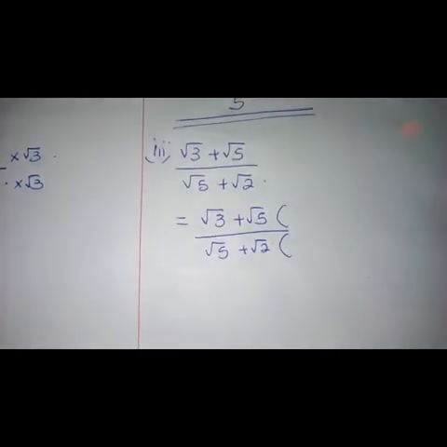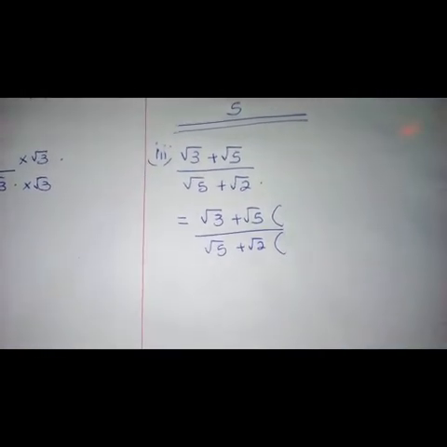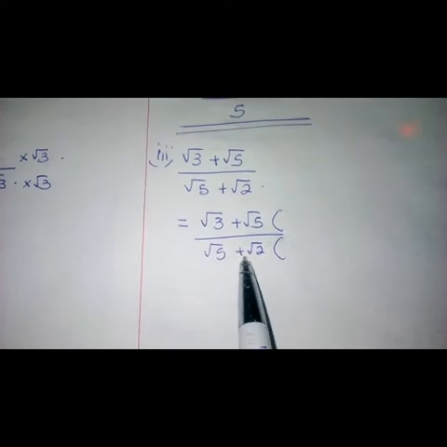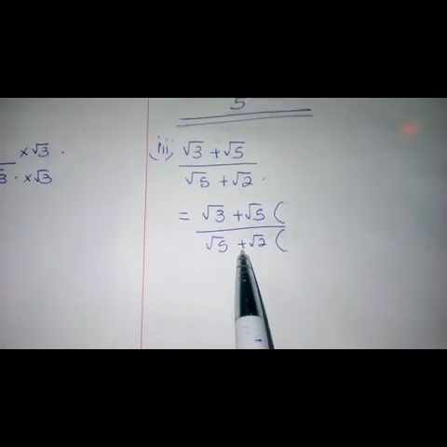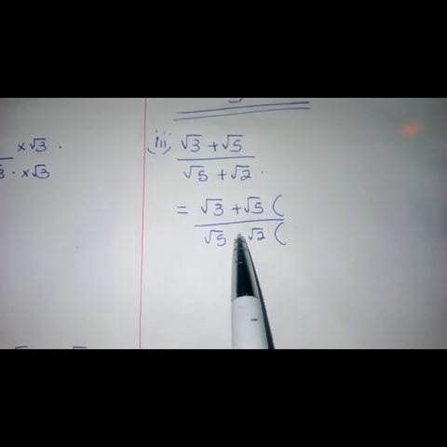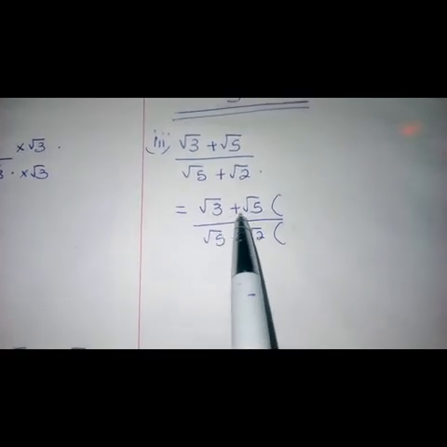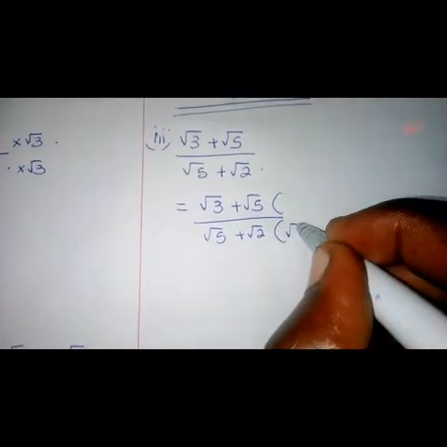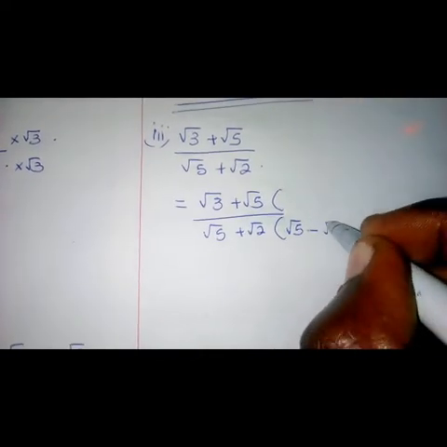For this third one, I'm going to do up to somewhere, then you will complete. Like we have already said, we are always looking at the denominator. We want to ensure that the denominator has no surd. So I'm going to change the sign here. I don't care about what is in the numerator. So here I'll have root 5 minus root 2.